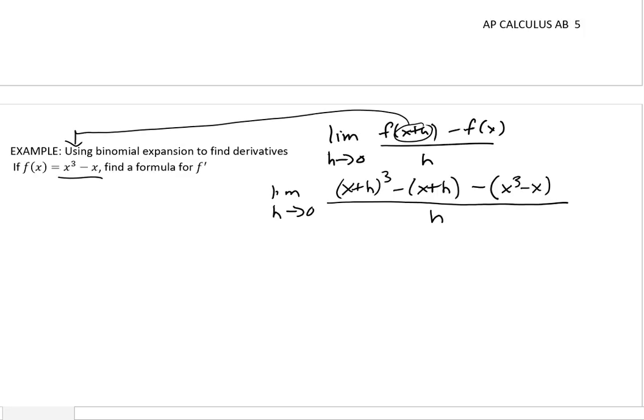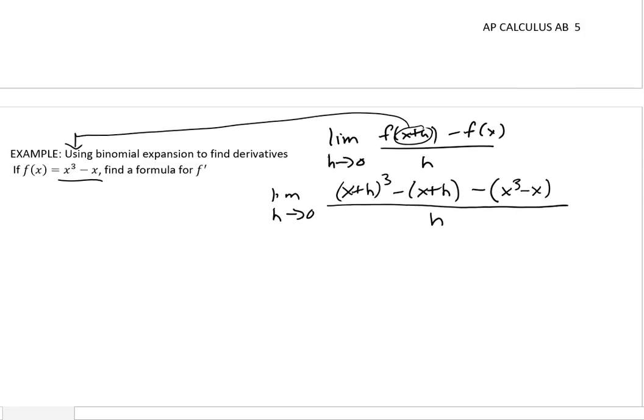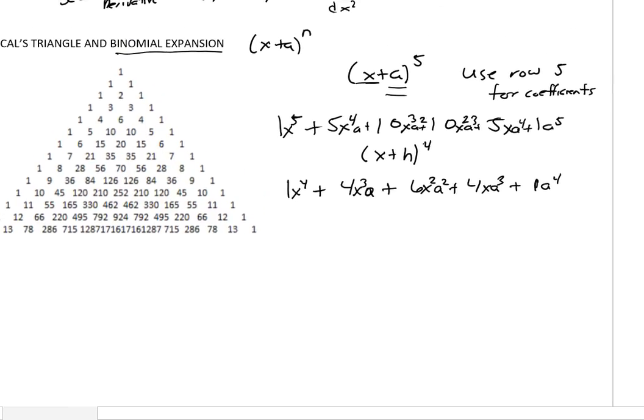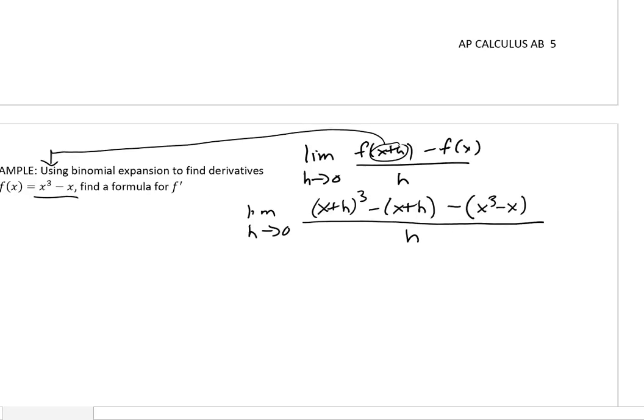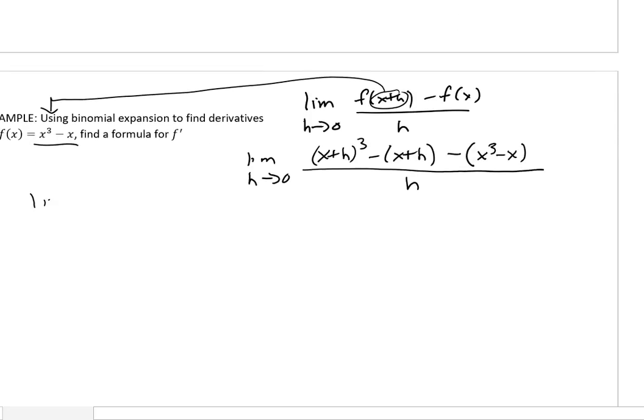Okay, so let's go back. We need to do x plus h to the 3rd power. So we go to row 3, which is right here, 1, 3, 3, 1. So you're going to do a lot of algebra here. So it's going to be the limit as h approaches 0. And we're going to do 1, 3, 3, 1.